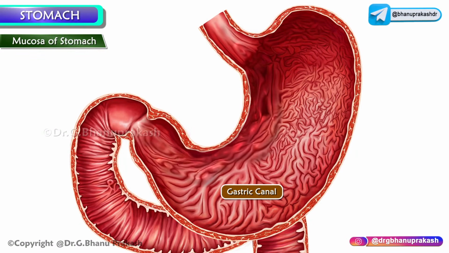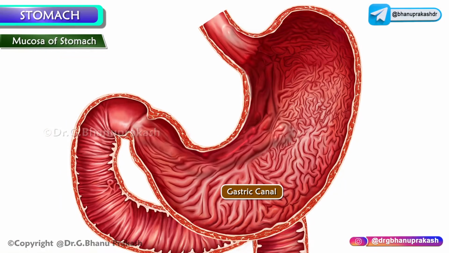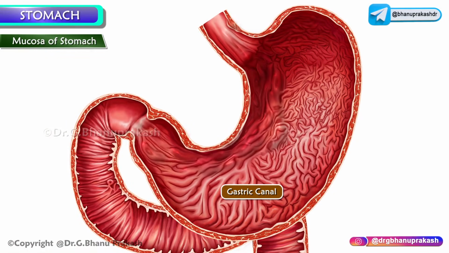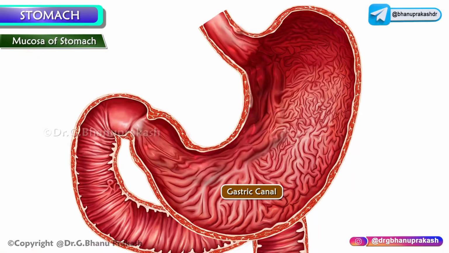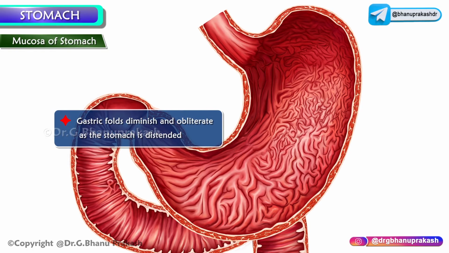When the stomach is mostly empty, saliva as well as small quantities of masticated food and other fluids drain along the gastric canal directly to the pyloric canal. So here the gastric folds diminish and obliterate as the stomach is distended, which means fills.